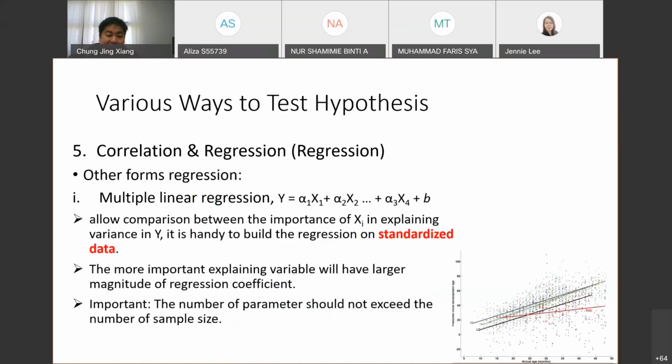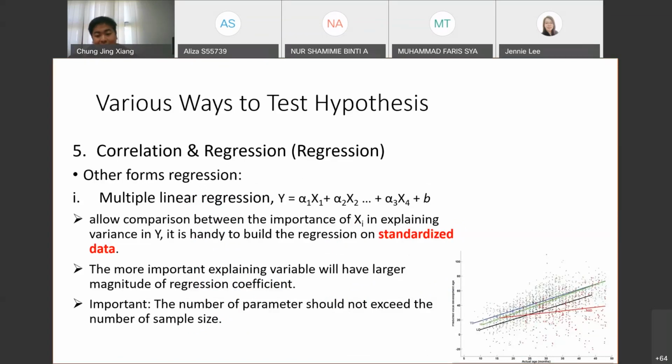Another form of regression is multiple linear regression, which is a very useful thing. This allows us to compare the importance of the predictors X. Let's say we have different parameters. By calculating this multiple regression, we calculate this alpha, the regression coefficient.